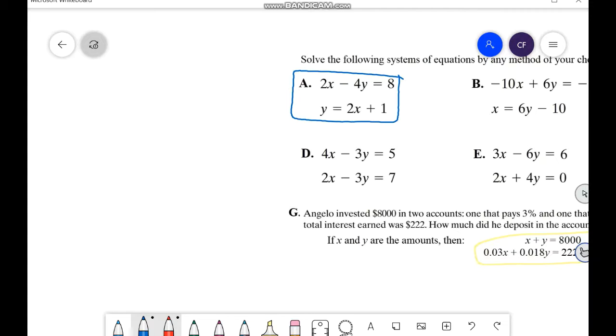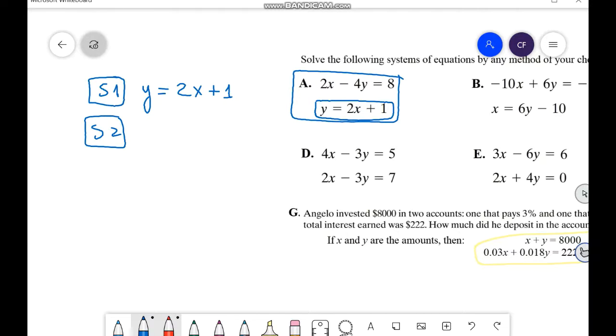For substitution method, step number 1. Let's get this equation here that's already isolated. Y equals 2x plus 1. And we're going to plug in the next equation. Step number 2. The next equation, 2x minus 4 times y.